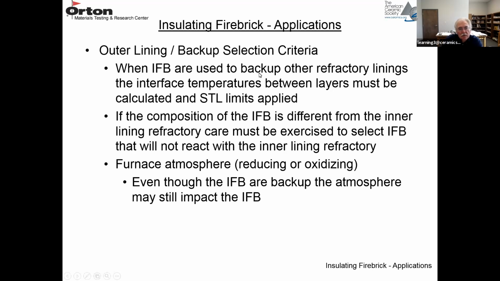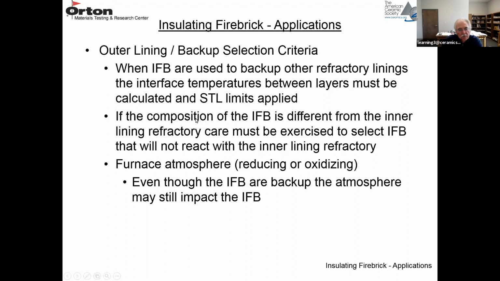So when an IFB is used as a backup to some type of working refractory lining, you have to consider what happens at the interface. What is the temperature between the IFB and the working lining? These use limits still apply.